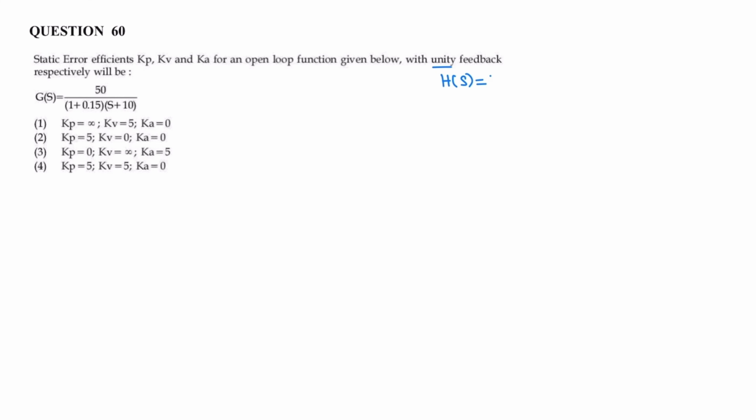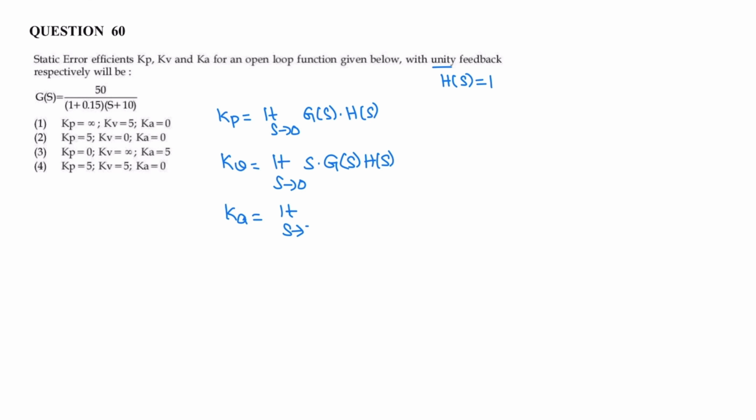Positional error constant Kp is the limit as s tends to 0 of G(s)H(s). Velocity error constant Kv is the limit as s tends to 0 of s·G(s)H(s). Acceleration error constant Ka is the limit as s tends to 0 of s²·G(s)H(s).